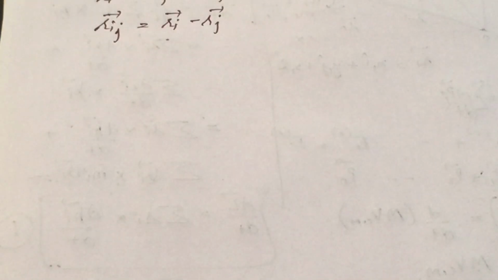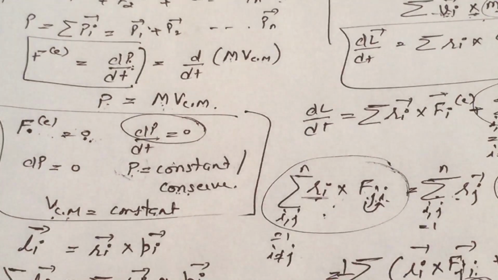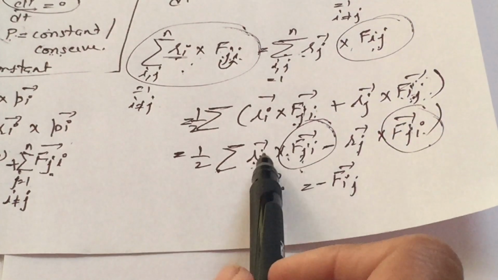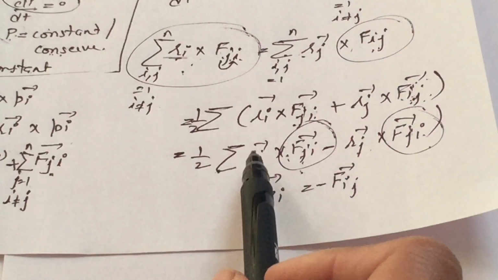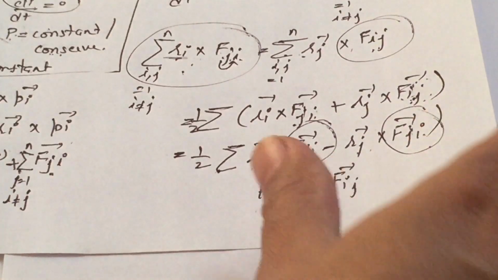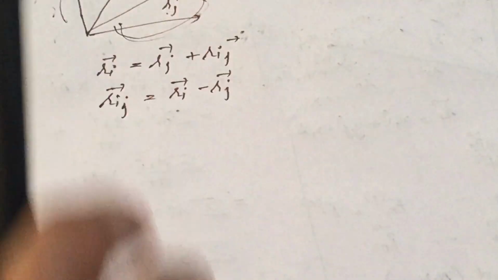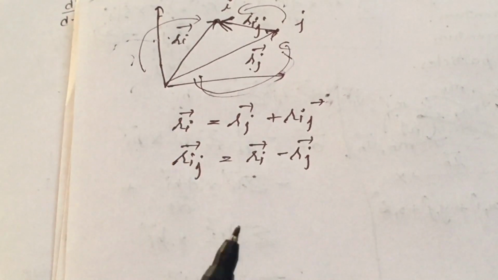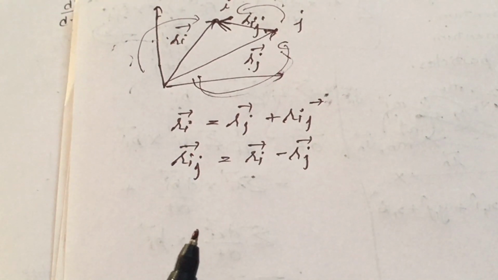Then from our last expression, where we have taken fji common, we get ri minus rj. This ri minus rj can be represented by the displacement vector of these two position vectors ri and rj. We can change the expression in the form of rij.